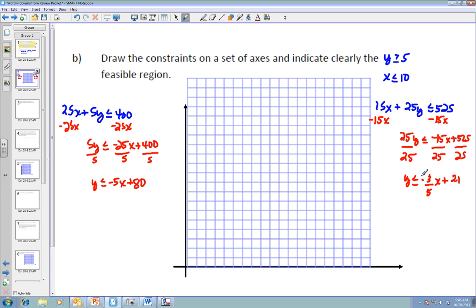Okay, so now we're going to graph these. First we have to figure out what we're going to go by. I think I'm going to go by 5s, because I can't go by 1s. Here's 5, 10, 15, 20. On your paper, you go ahead and you need to label your axes.